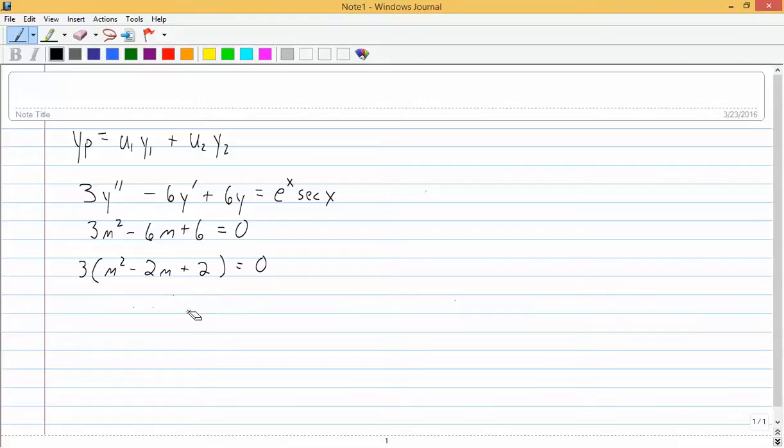So whenever it doesn't work out like that, then we have to use the quadratic formula. So a equals 1, b equals -2, c equals 2.